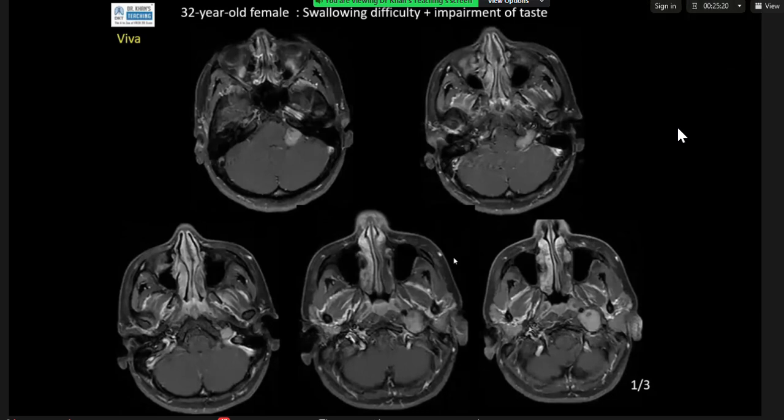So we've got axial sequences through the lower part of the cranium, T1 post-contrast, post-gadolinium images, selected sequences. And I can see that within the left posterior fossa, there is an enhancing lesion. I'm just going to interrogate the other images.